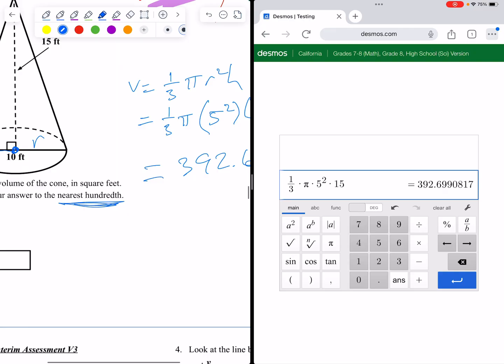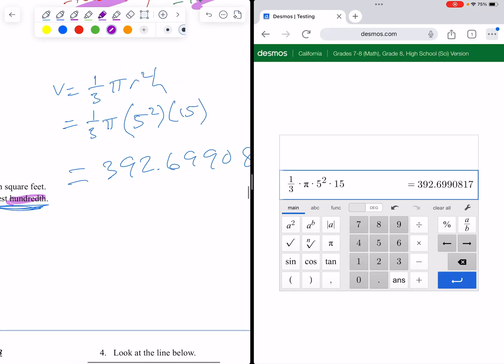What do I care about? The nearest hundredth. So my nearest hundredth is 2 decimal places. Because that digit is bigger than 5, I got to round up to the next number, and this one is going to go from 69 to 70. So 392.70.